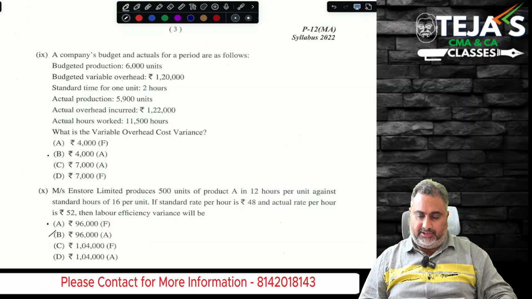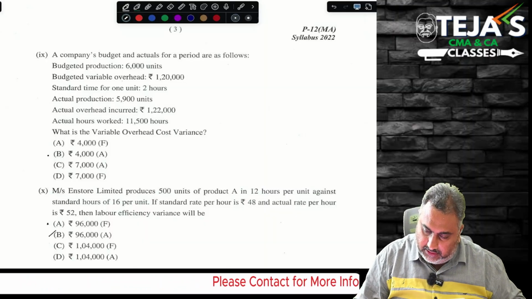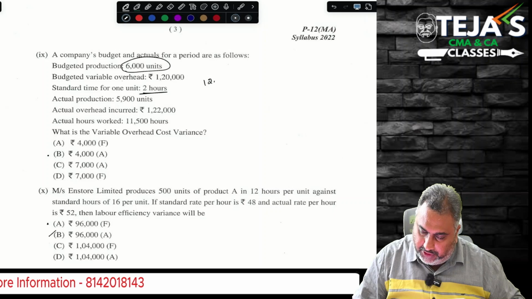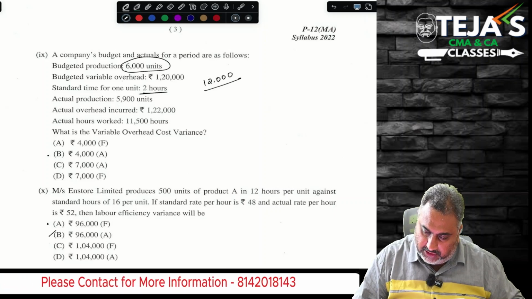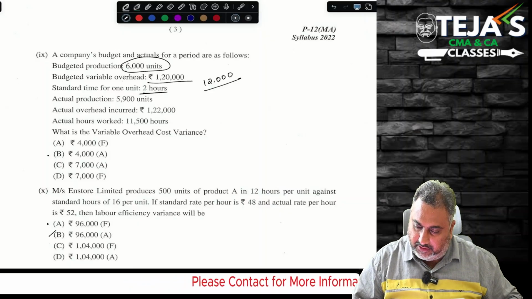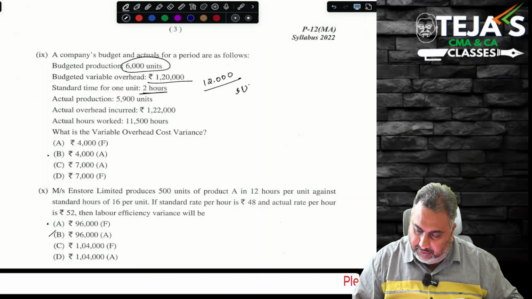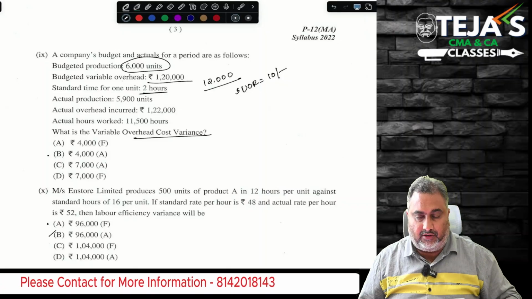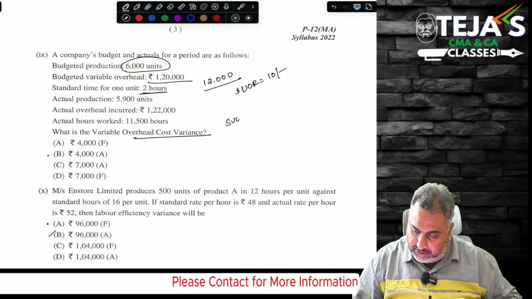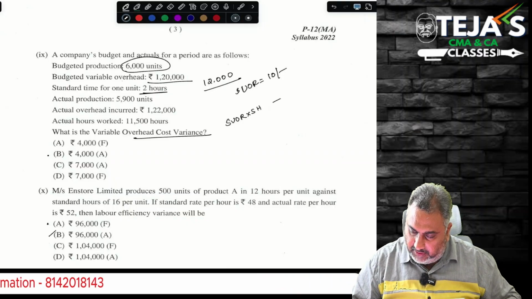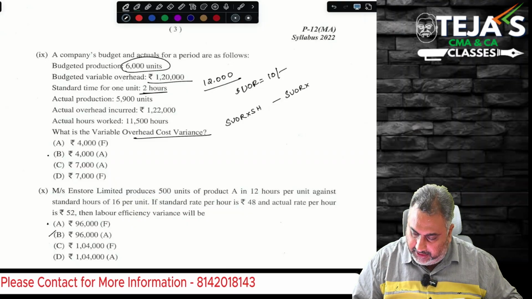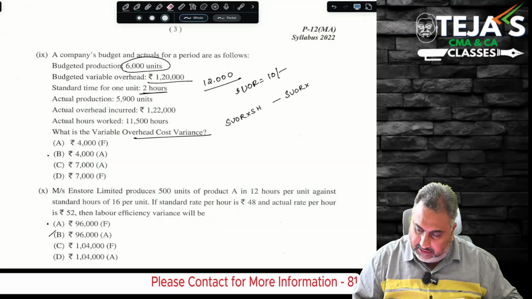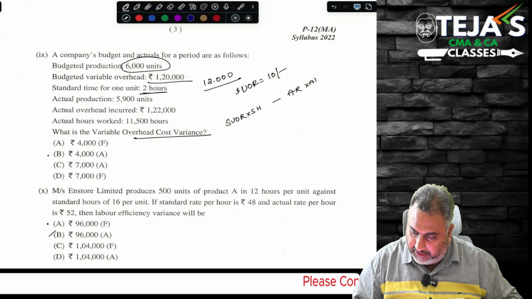And they are asking you variable overhead cost variance. You have 6000 units, each unit requires 2 hours. Totally your budgeted hours are 12,000. What is your budgeted variable overhead? 1,20,000. Then SVOR is equal to 10 rupees. What they are asking is the variable overhead cost variance: SVOR into SH minus AR into AH.